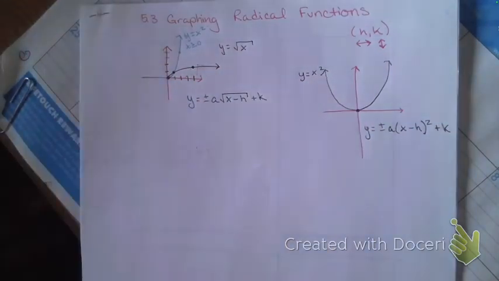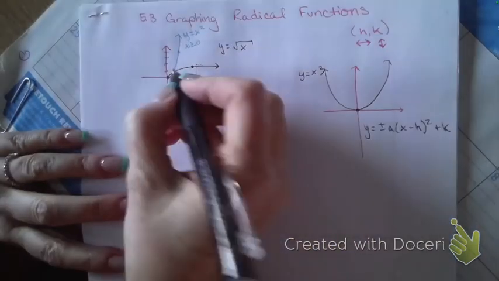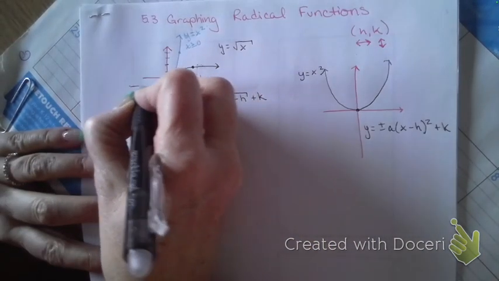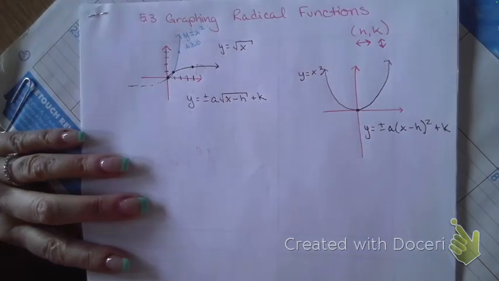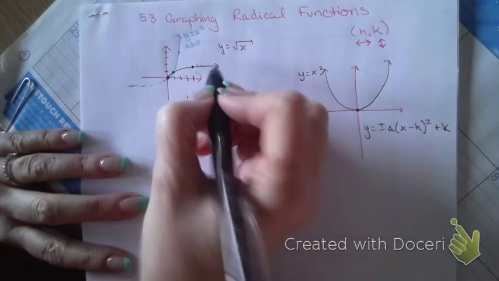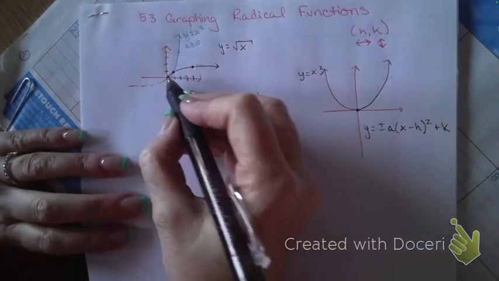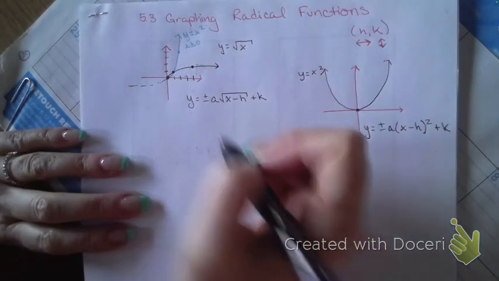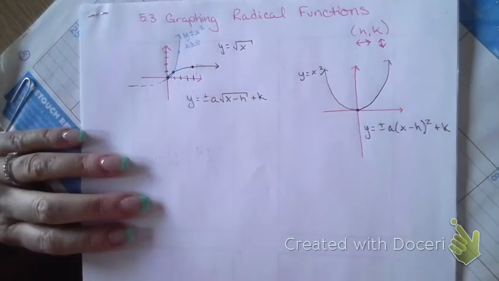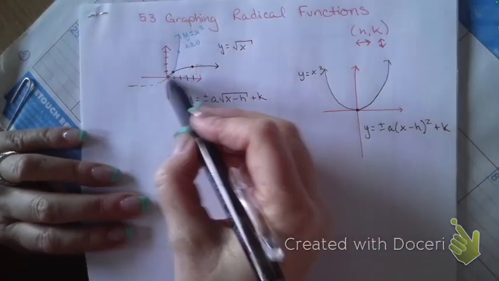Okay? So a cube root would look like this. A fourth root would look like this. A fifth root would look like this. What's the same about those? They're odd and even.